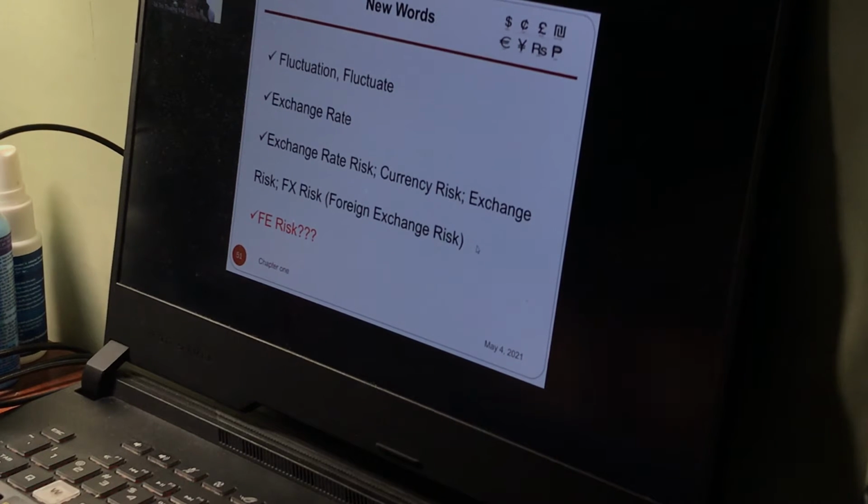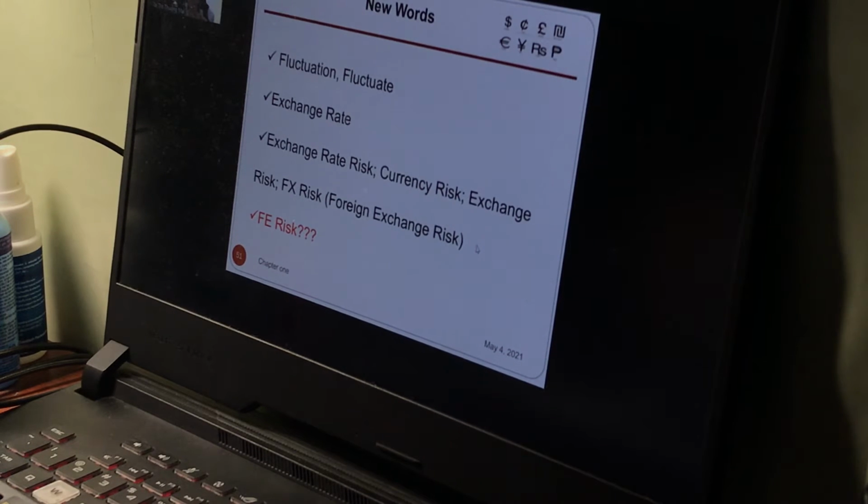Exchange rate risk, rủi ro tỷ giá, or rủi ro hối đoái, or rủi ro tiền tệ. They're the same. That's why we can use many different terms on the slide: exchange rate risk, currency risk, exchange risk, FX risk.